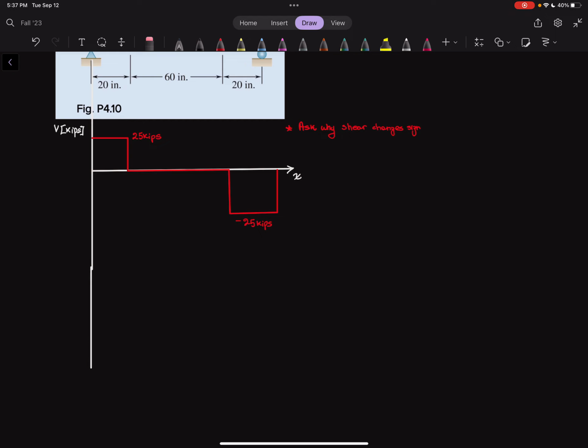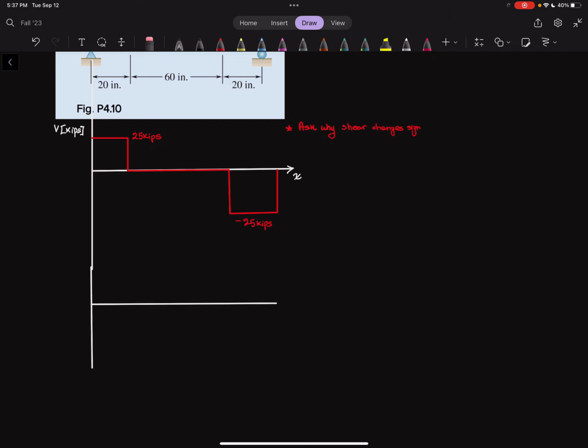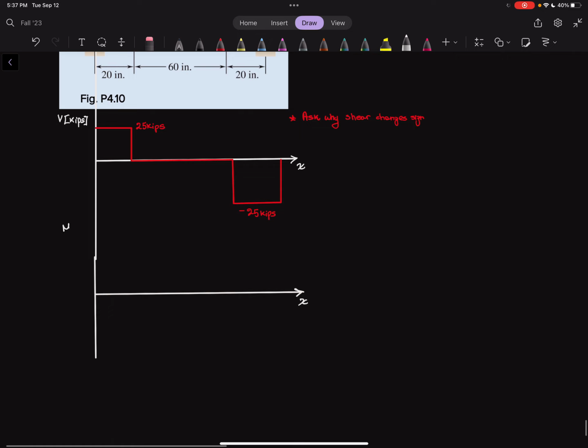So now we're going to do the moment diagram. And here we're going to have our x again, but now this is going to be our moment. And so our moment is going to have units of kips times inches.